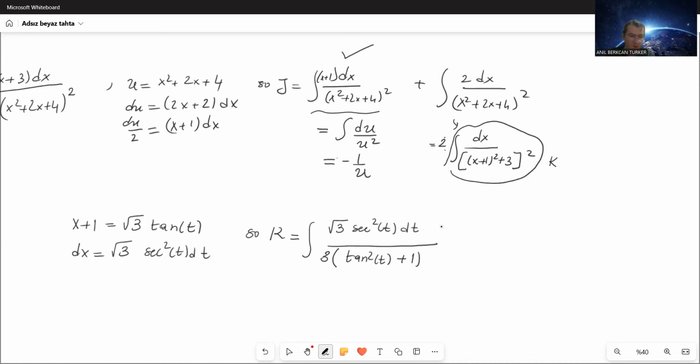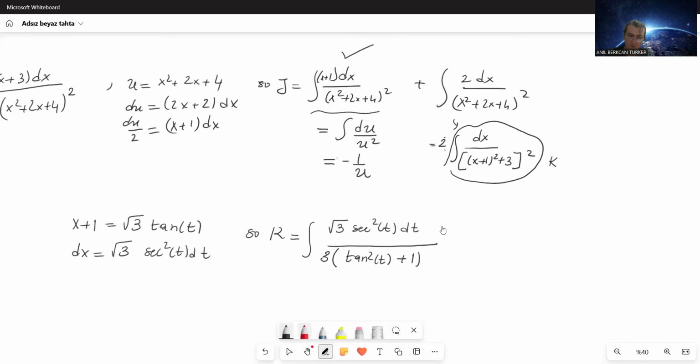So what is tangent square t plus 1? It is just secant square t, right? So this inside of the parentheses is just secant square t. Now this is equal to 1 over square root of 3, they are cancelled.